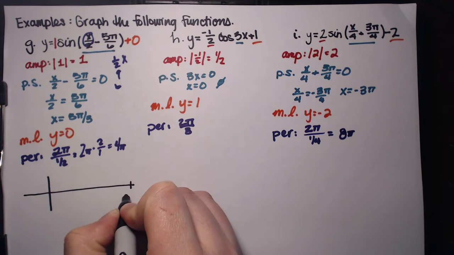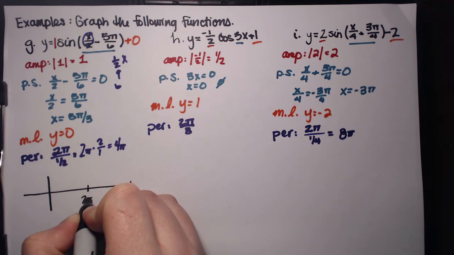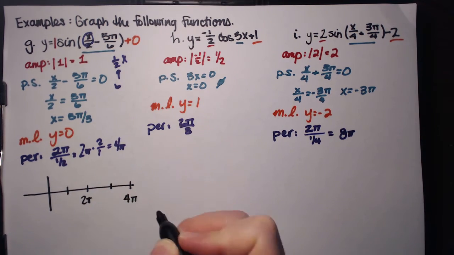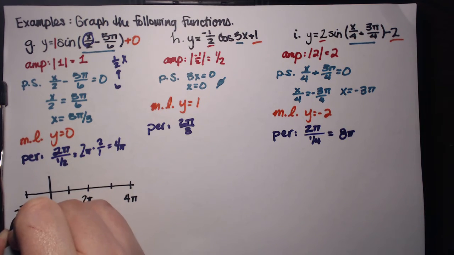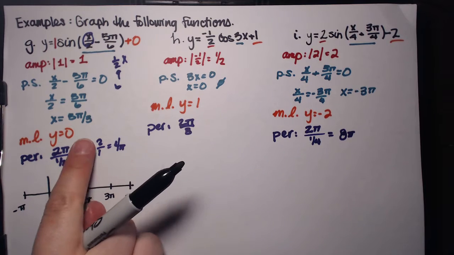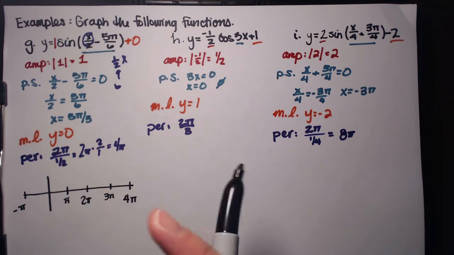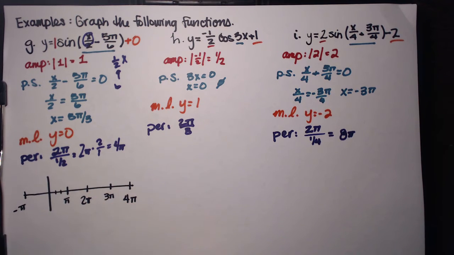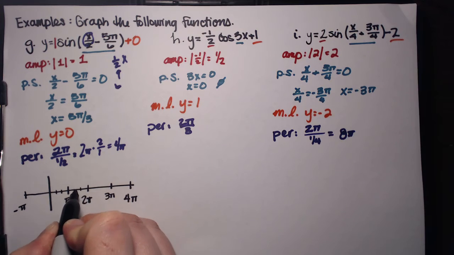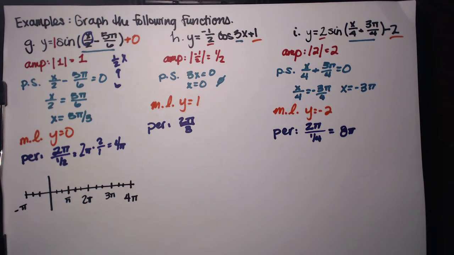So I'm going to say this is 4 pi, 2 pi, pi, 3 pi, negative pi. But then I also have a shift of something in terms of thirds. So I'm going to make third marks. So pi thirds, 2 pi thirds, 3 pi thirds. So I just have that cut into thirds.